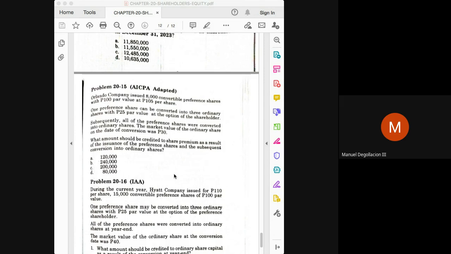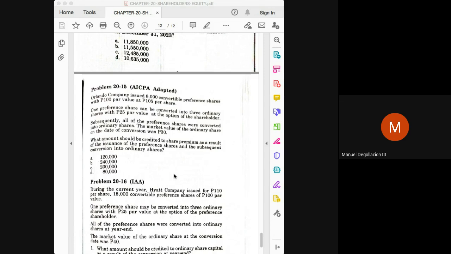Okay, and how did we get 24,000? That's 8,000 preference shares times 3, because again, each preference share can be converted into 3 ordinary shares. And the moment they are converted, class, the accounts related to them should be derecognized. Okay, so when they were issued, we will have to multiply the 8,000 with their issue price.